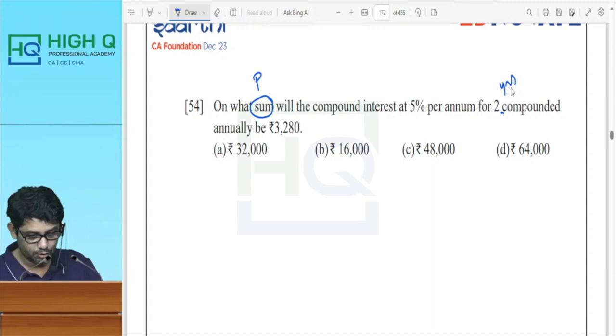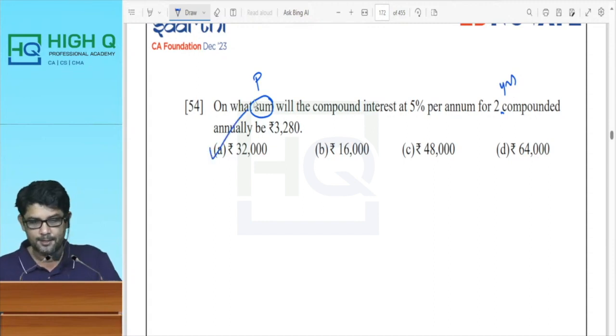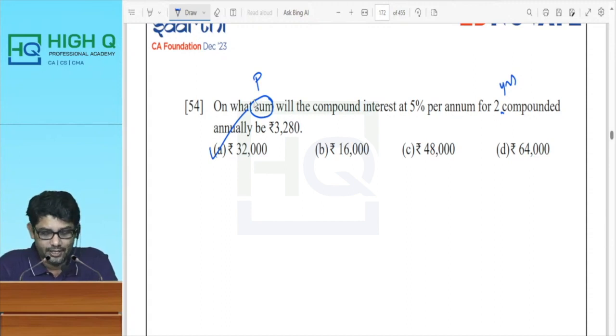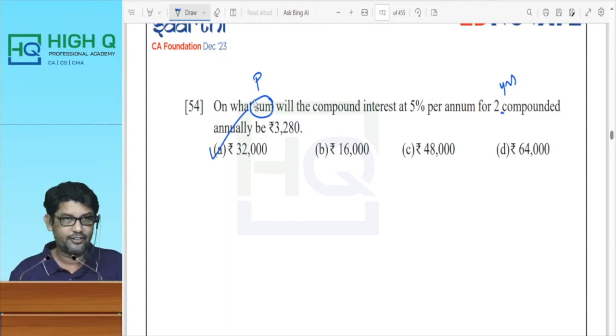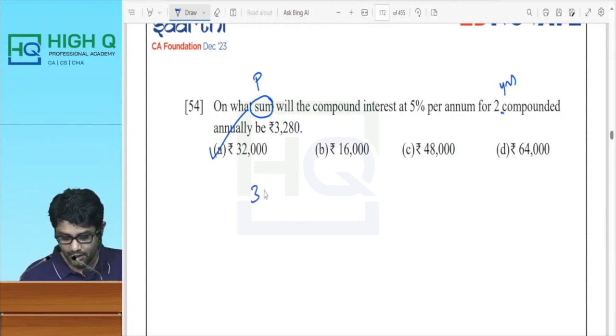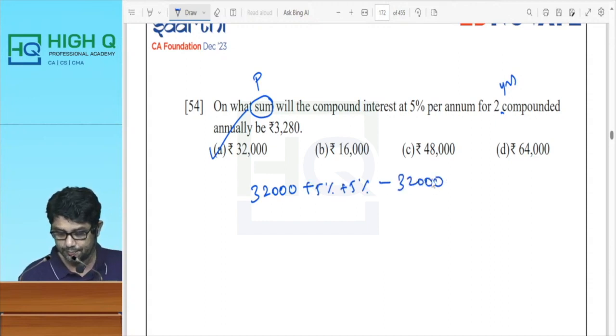Yes, of course, 32,000 is the right answer. But remember, my dear, you have to use calculator effectively. Please use calculator effectively. Use trial and error method.